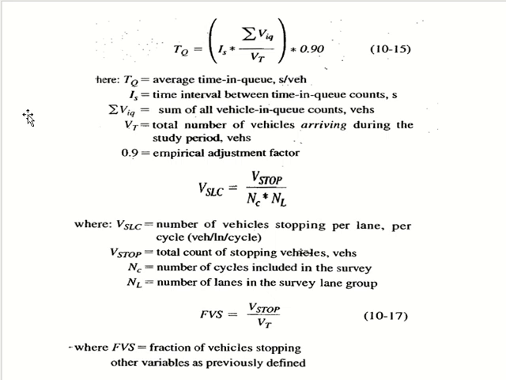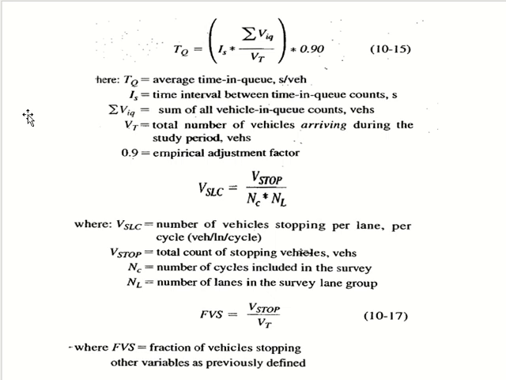Okay. Then VIQ is the observation which this observer is noting down. So he starts observation. Now there are 5 vehicles in the queue right now. So VIQ is 5. After the time interval passes, he counts it again. Now he sees 6 vehicles in the queue.